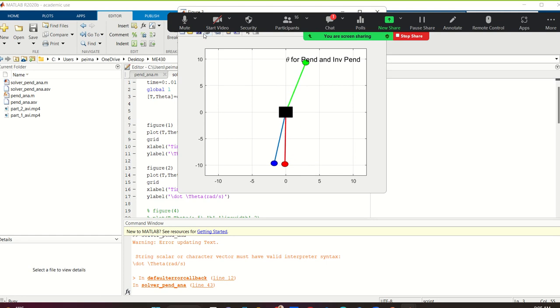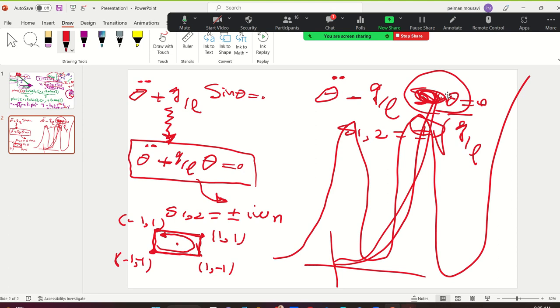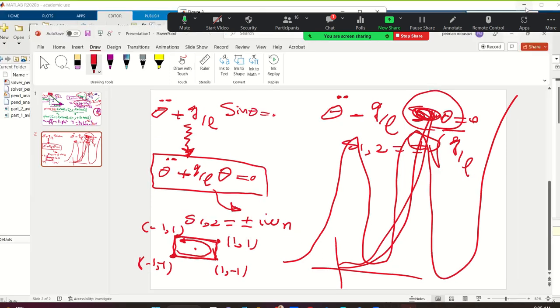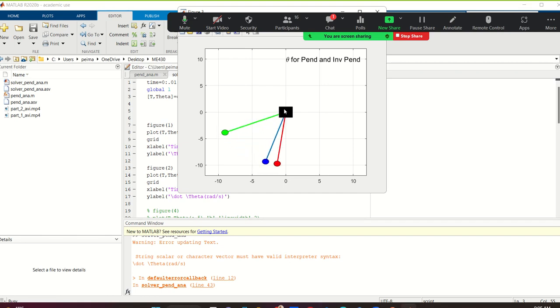So that solution that we got, Joseph, was for around the equilibrium point of 0. Remember that you have in your notes. Around the equilibrium point of 0, we linearize it. But when you're out of the equilibrium point, there is no linearization, man. So I change to 6 degree. See again, it's gonna be unstable.